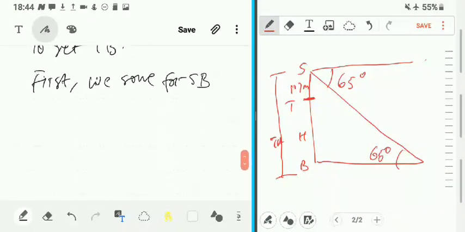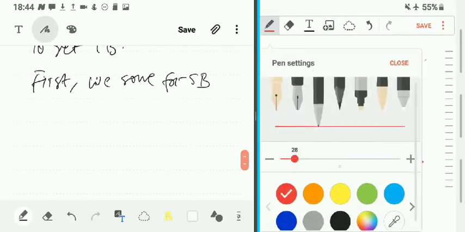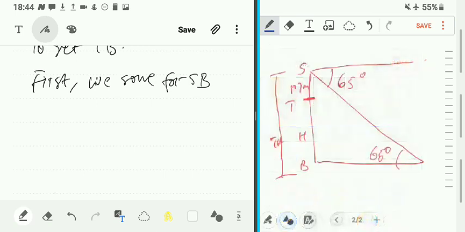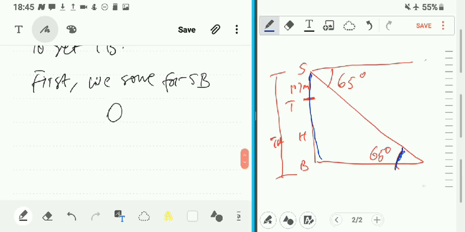Okay. So let's get SB first. SB, how does this side correspond to this angle that is given? It's an opposite side, so you know for sure O should be in your formula.